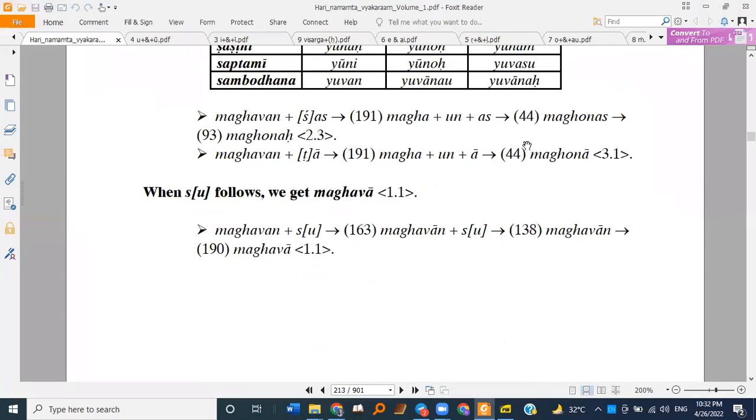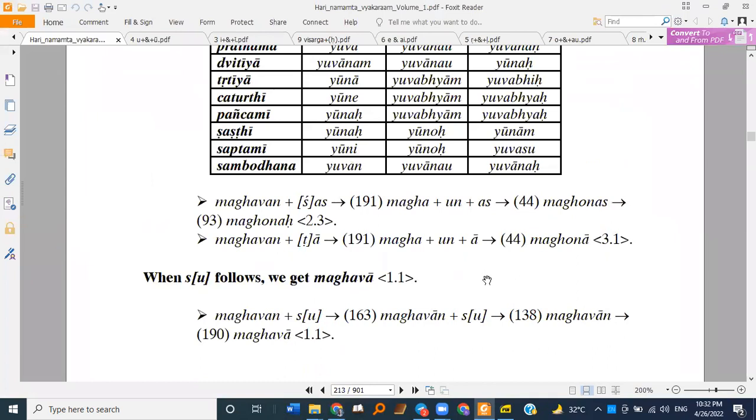And then Maghavan, Maghava, Maghvano, Maghvanaha. When Shas is following, the Va is replaced by U and Udvai O. So Maghonaha, Maghona, Ityadi, Maghava Bhyam, like that.